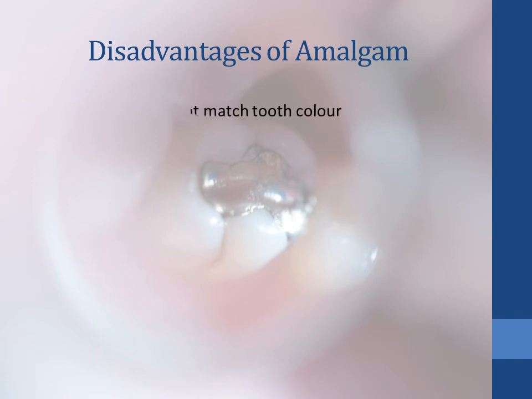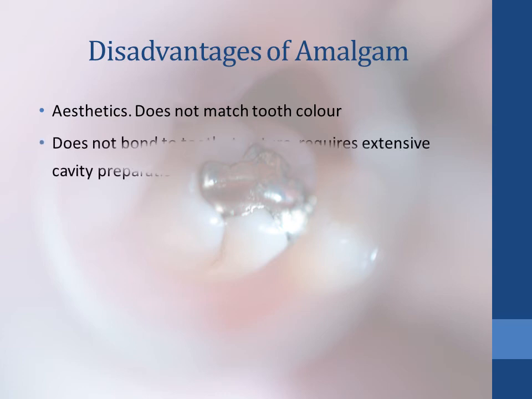Now, the disadvantages. Obviously, the first and the major most one is the aesthetics. It does not match the tooth color, and the current preference or demand is for tooth colored or aesthetic materials. So it has a silver black appearance, and does not bond to tooth structure. So unlike other materials we'll be studying later on, like composites, this does not bond to tooth, and for it to actually get compacted into the tooth, it requires extensive cavity preparation for retention. We have to sacrifice a lot of tooth structure so that it stays and retains inside.